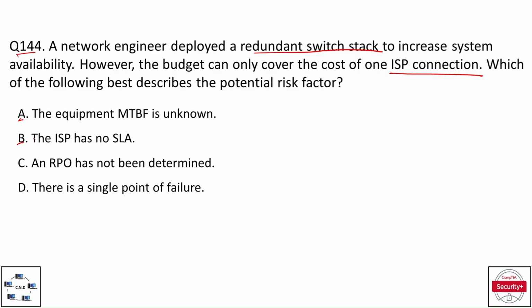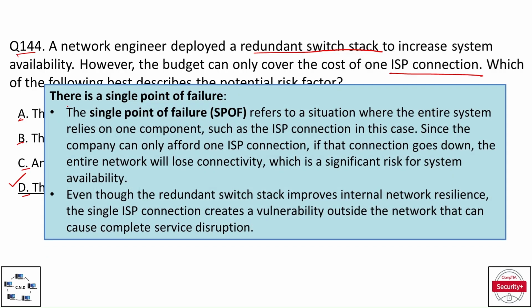Option B, the ISP has no SLA. Option C, RPO has not been determined. And option D, there is a single point of failure. And the correct option is option D, there is a single point of failure.